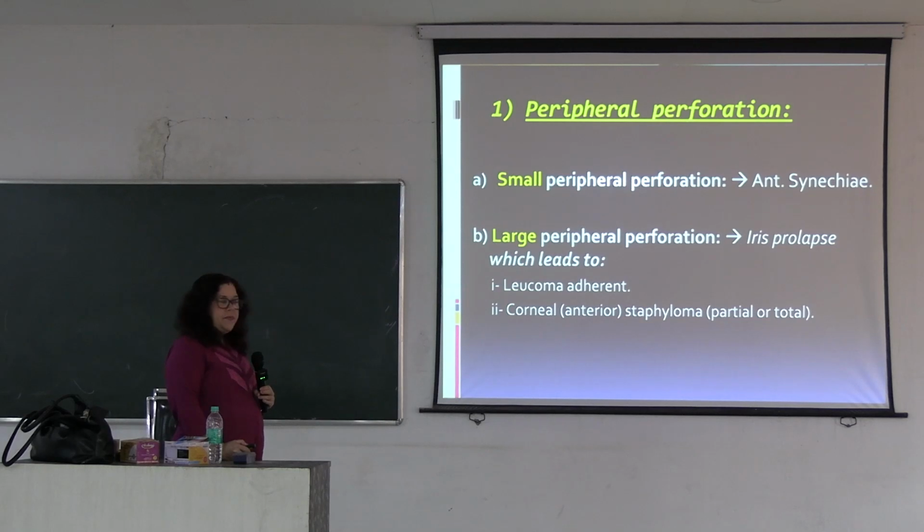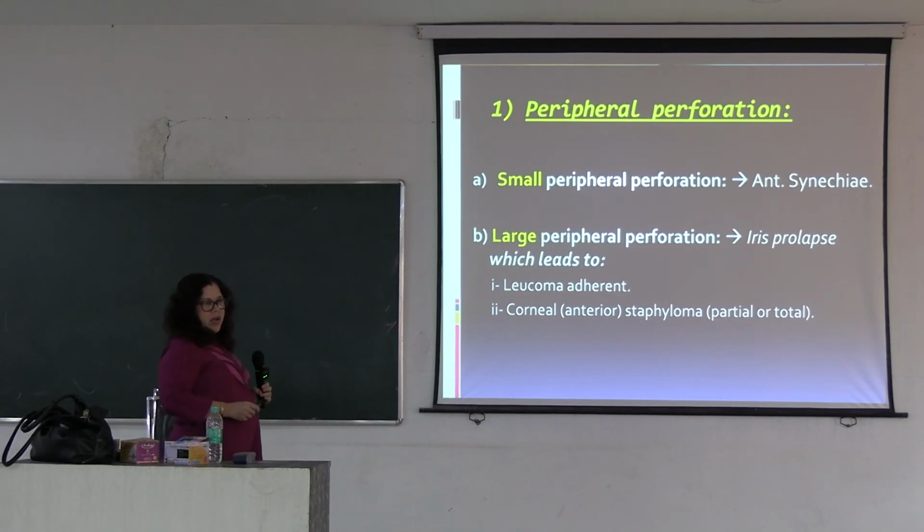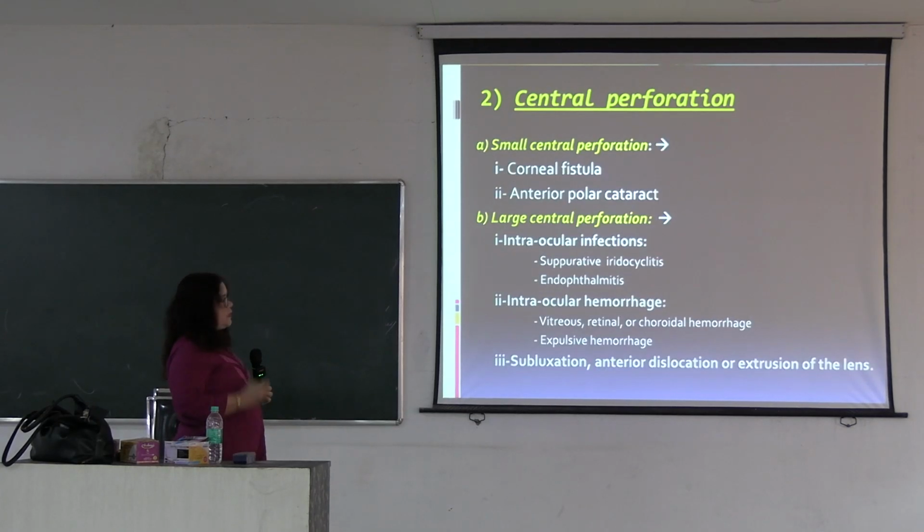And if it is between the limbus and iris, it is called intercalary staphyloma. So a total of 5 types of staphyloma are present. Staphyloma means protrusion of the weaker part of the eyeball. It may be anterior, posterior, equatorial, or at the limbus. Then central perforation.